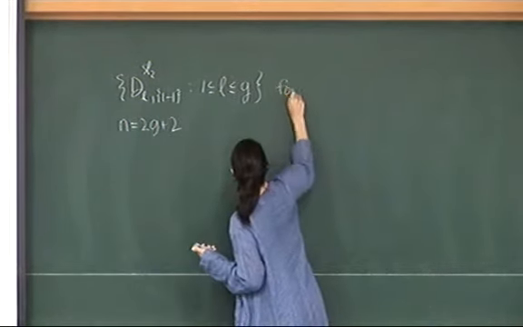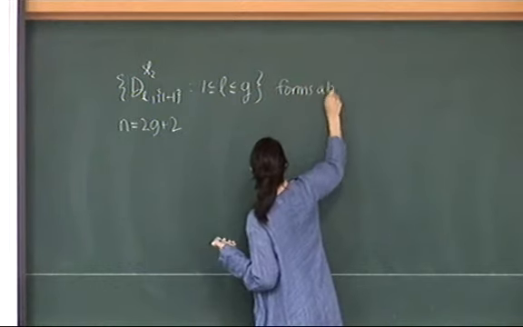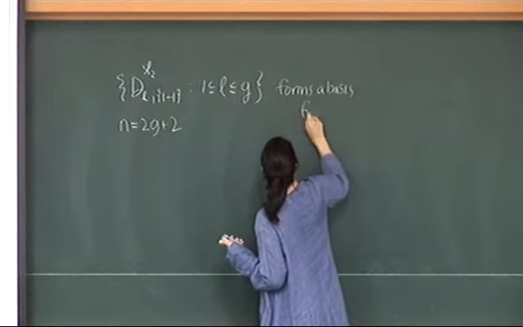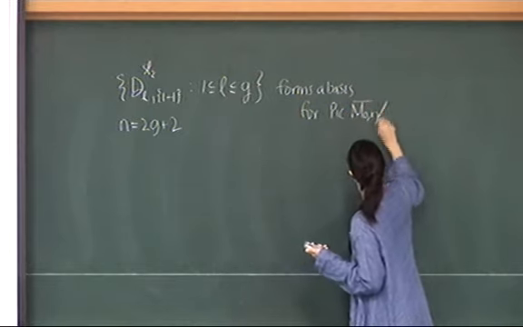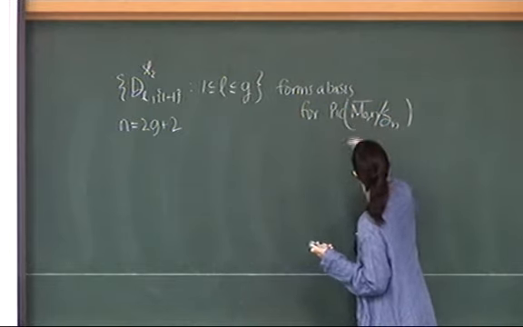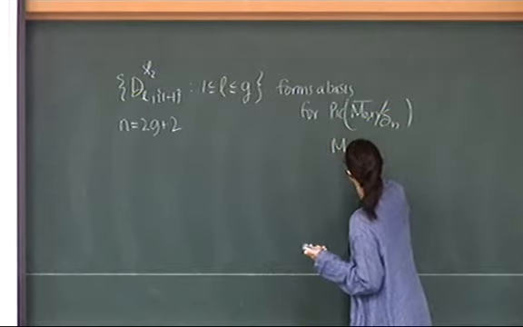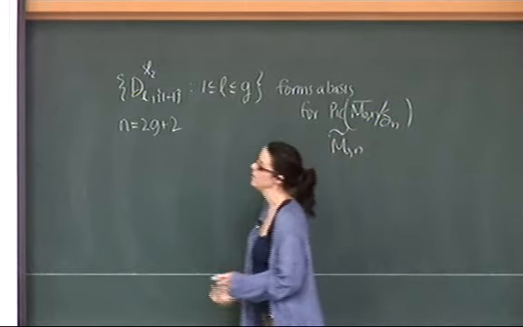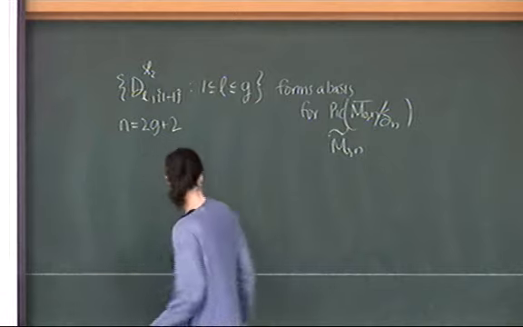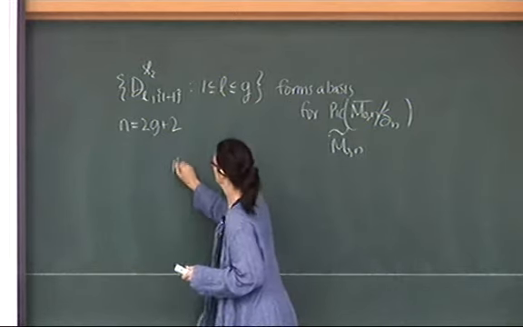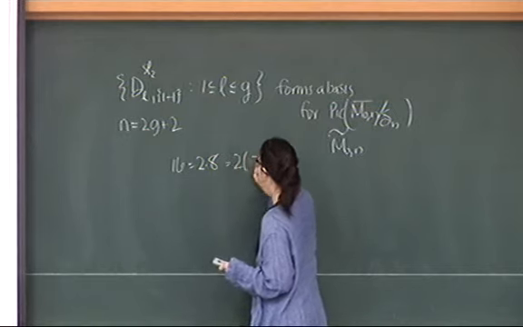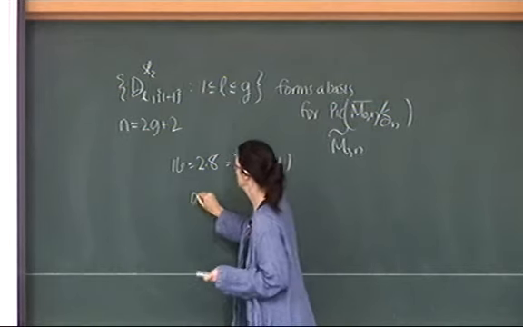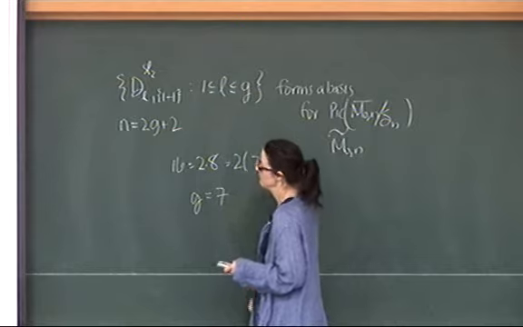And this forms a basis for Pic of M0,n mod Sn, or M0,n tilde. Okay, so here we have n equals 16. So 16 is equal to 2 times 8, so if we write it like this, it's 2 times 7 plus 2. So the genus is 7, and there are 7 of these divisors.